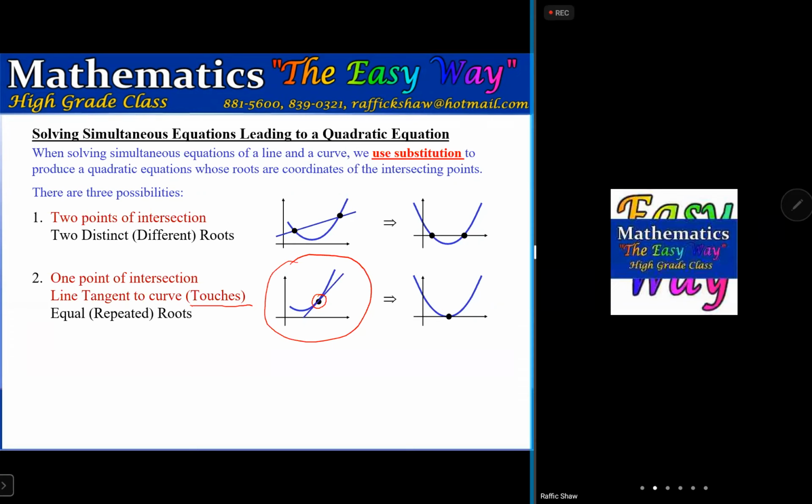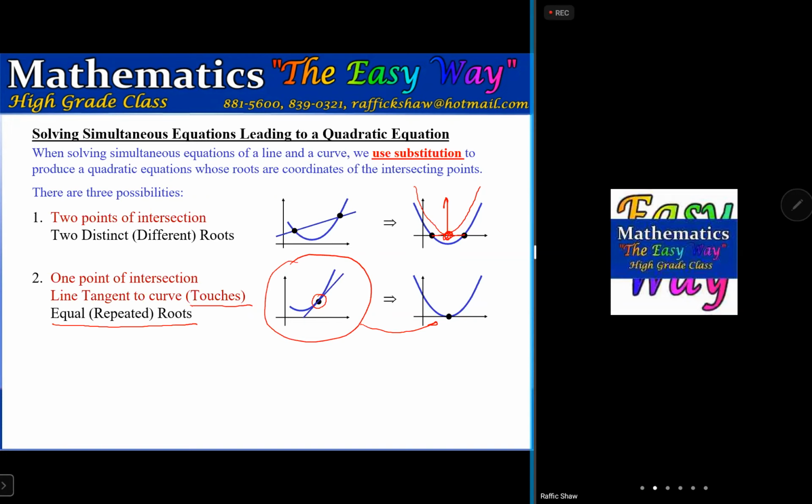But when you get the quadratic equation, the two roots now are going to be equal roots, because it's only one point of contact. I explained the other day that it is equivalent to pushing this graph upwards so that these two roots come closer towards each other. When the graph reaches here, the two roots are equal. But it's still two roots you get. When you're solving simultaneous equations between a line and a curve, and you get equal roots, it means that the line is a tangent to the curve.